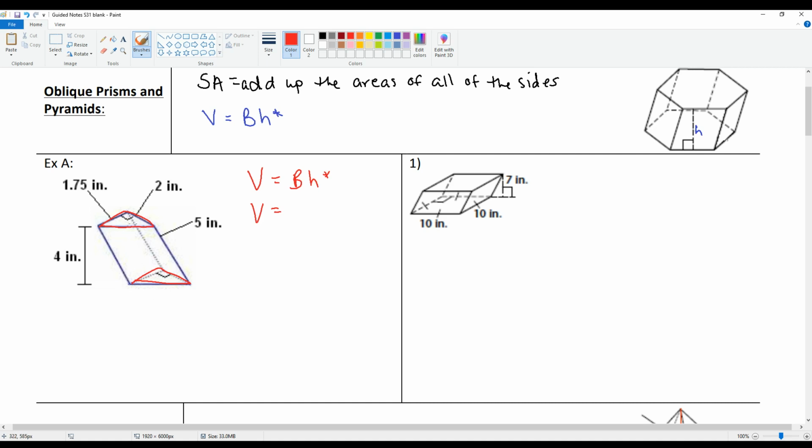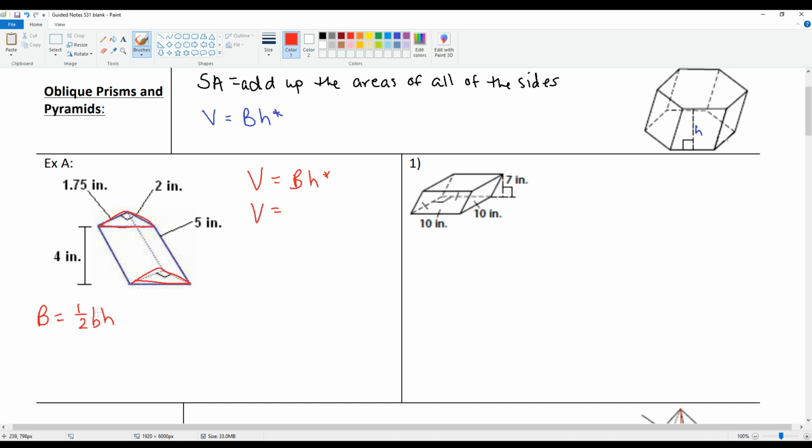Now that we know that these are the bases, I need to find the area of one of those bases. And so the area formula is dependent on which shape you're looking at. So this is a triangle, and I know that the formula for area of a triangle is 1/2 base times height. And this is why we use H star in the formula for 3-dimensional shapes, because the symbol for H has already been used.